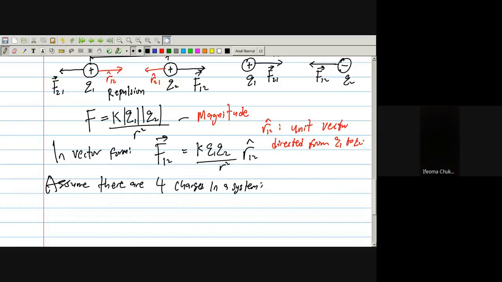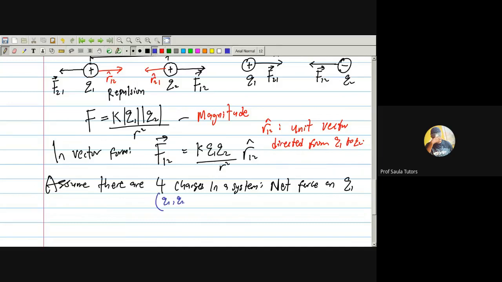So how do we find the net force on, let me say, charge Q1? For example, we have 4 charges: Q1, Q2, Q3, and Q4. So how do we find the net force on Q1?